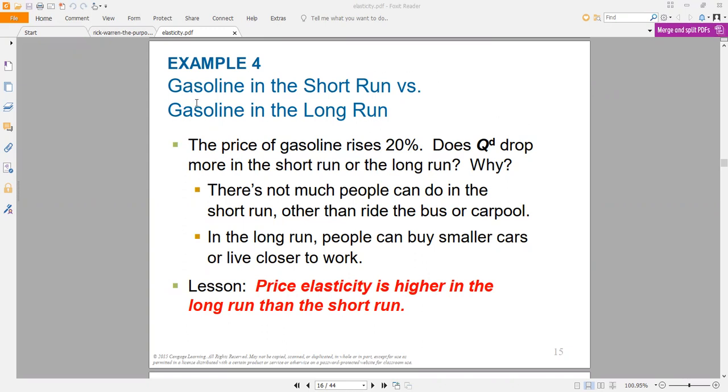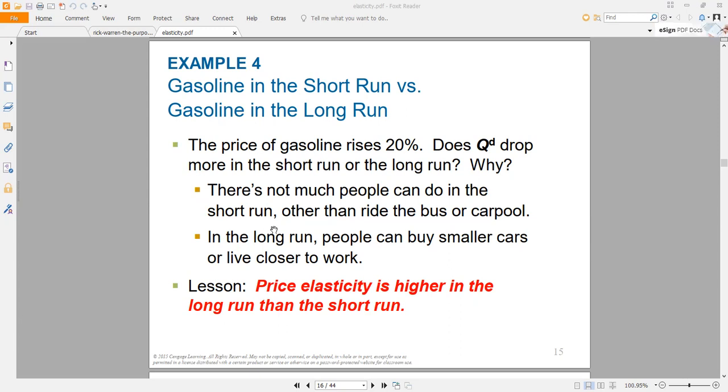So now, if you use the example of gasoline, in the short run, you can't say that you won't take a bus. You still have to take a bus. So you still have to pay for this increase in price. But in the long run, people can choose to use other smaller cars that don't consume much gasoline, or they can even make sure that their houses are nearer to where they work so that they wouldn't have to buy any fuel at all.